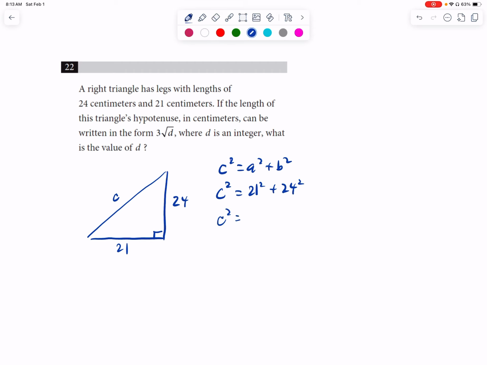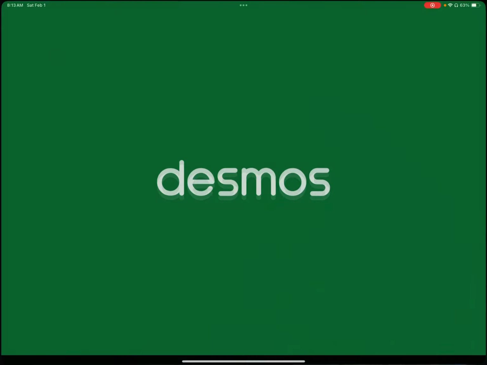It's probably at this point that you'd pull out that calculator and go 21 squared. I think it's 441. We'll double check that in a second. And then 24 squared is somewhere around 576. Let's fact check that with the calculator, shall we?